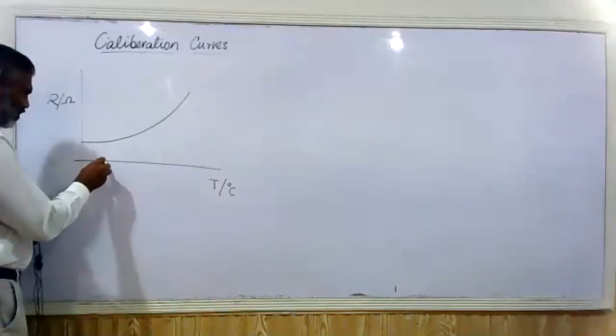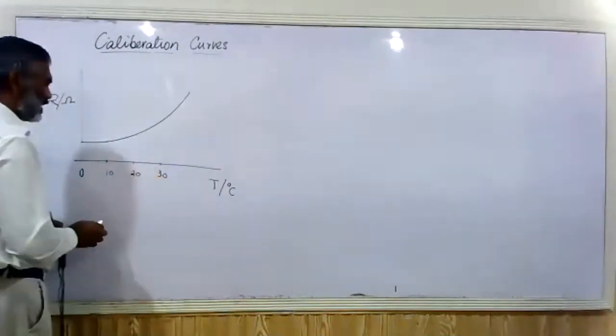But in the next 10 degree increase in temperature, there is a slight increase observed. And in yet another 10 degree rise in temperature, the increase in resistance is more significant. So this is what we see on the graph. In the first 10, there is a very, very small increase in resistance.